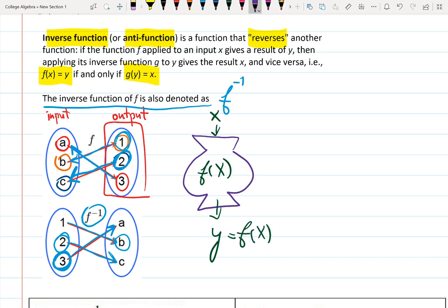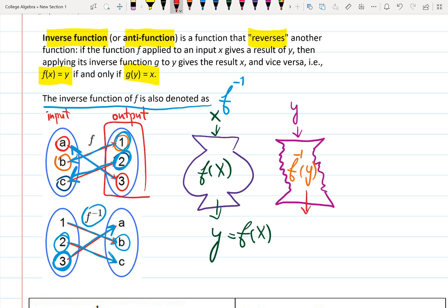So the inverse is a differently looking machine, maybe like this. It takes your output y, swallows it, works on it, and we're going to call it f minus 1, f inverse. And its input is not x anymore, because you can see that the input for the inverse now is y.